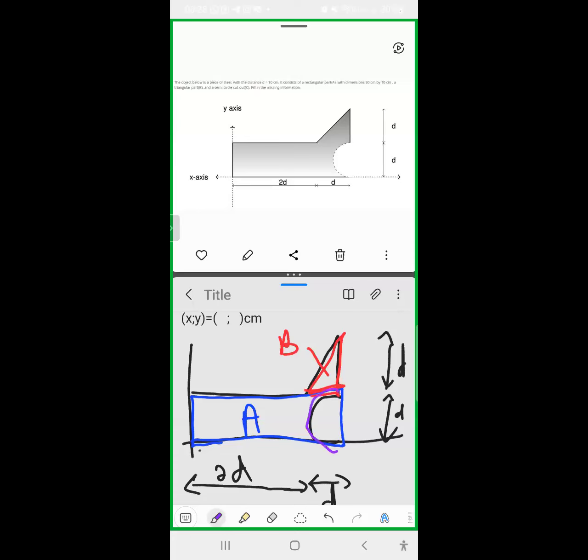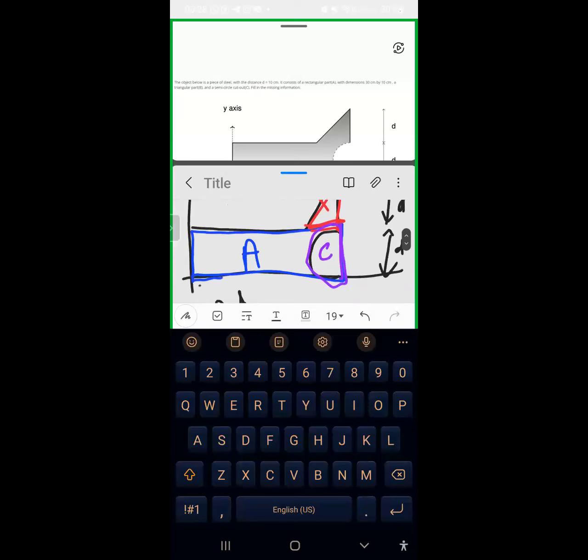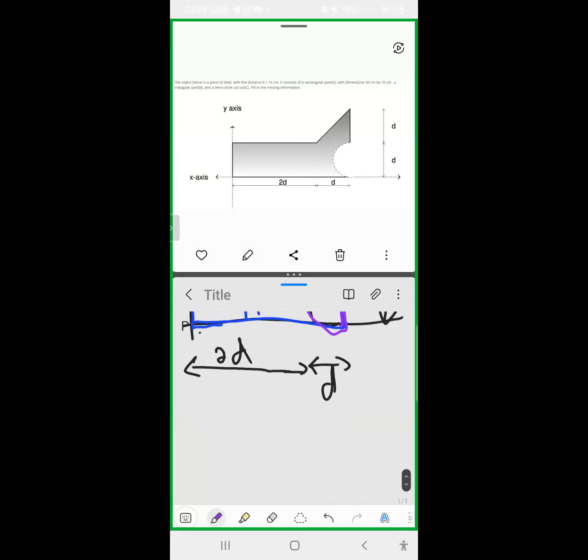This semicircle cutout is labeled C, and the distances are also given accordingly. Therefore, we have all the information that we require. Let's draw our table to fill in the missing information in order to find the polar coordinates of the whole system.